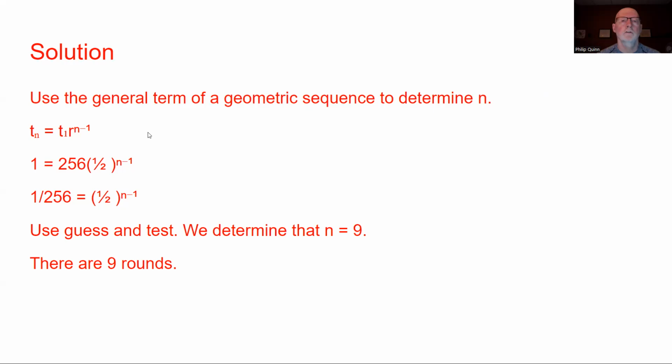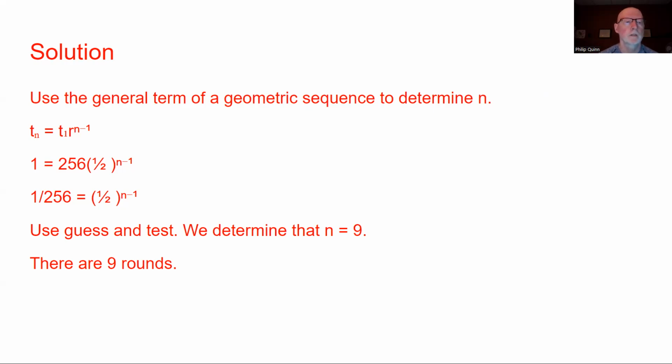So we're going to use the general term of a geometric sequence to determine n. This would have been covered in a previous lesson. The general term tn is equal to the first term t1 times the common ratio to an exponent of n minus 1. So we know that Tn, we're going to end up with 1. We're going to start with 256.